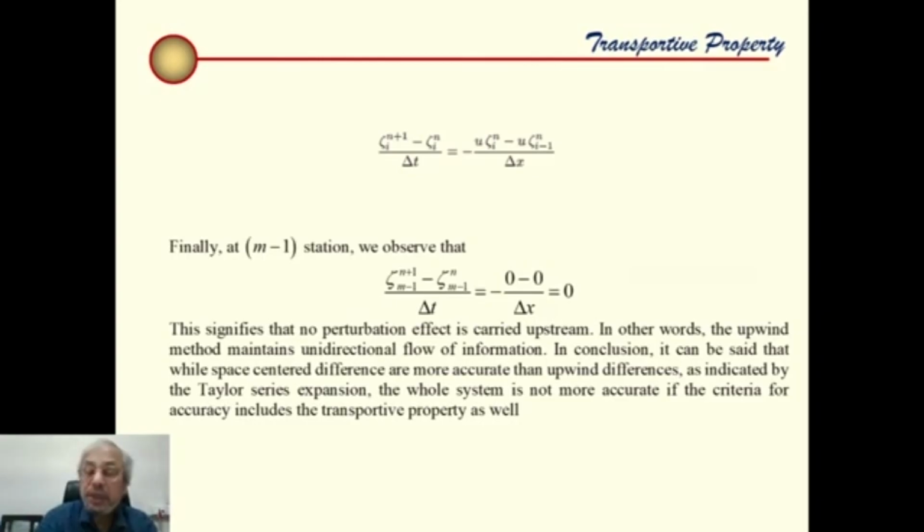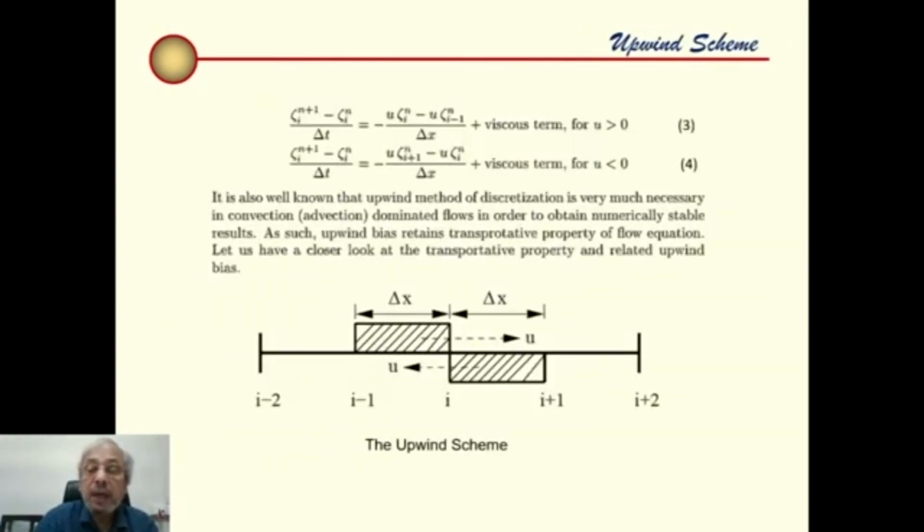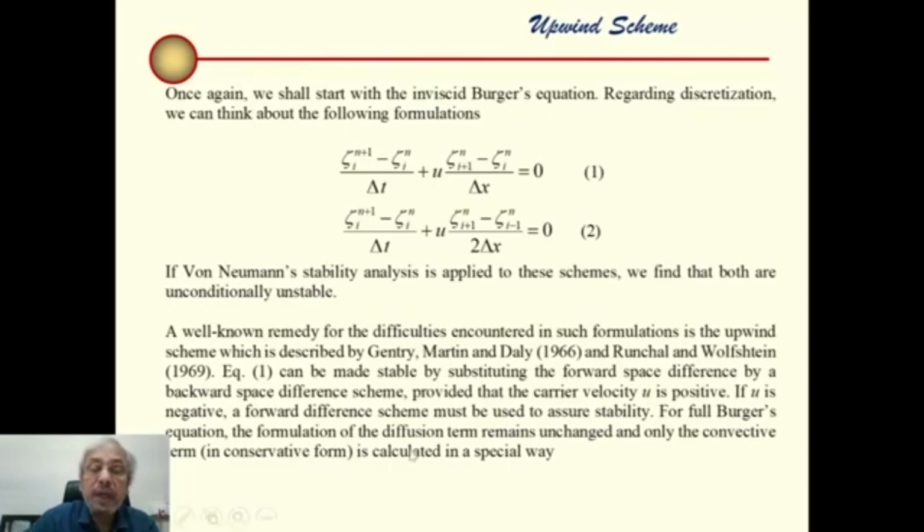Upwinding means, again, we'll go back to the definition given by Gentry, Martin and Daly and Ranchal and Wolfstein, that you go for first order difference quotient, especially del U, del X, del V, del X, such quantities.